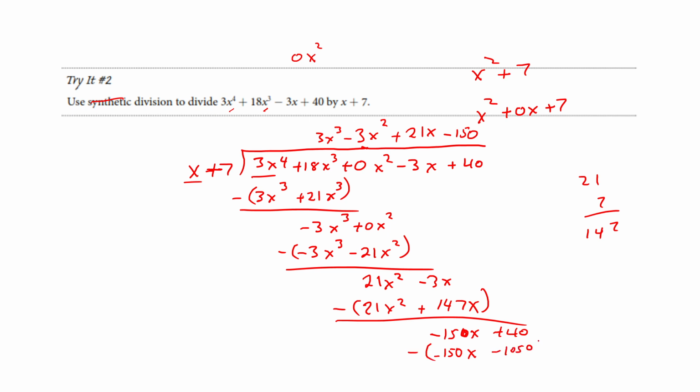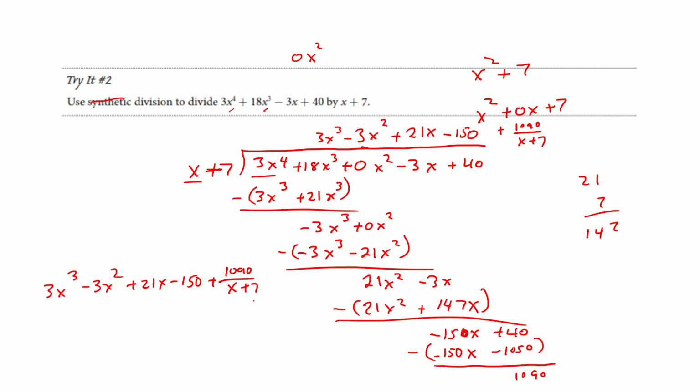Okay, check for leftovers. Alright, so that's gone, and I would have positive 1050, so I've got positive 1090. Now that's a remainder, so I'm going to add it here over what I divided by. So I don't know if it's worth writing this again, but I will. And you will see remainders this large. It's not all that uncommon.